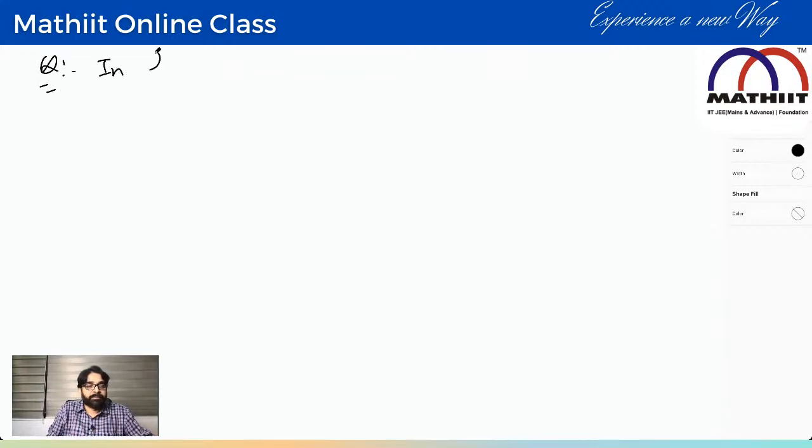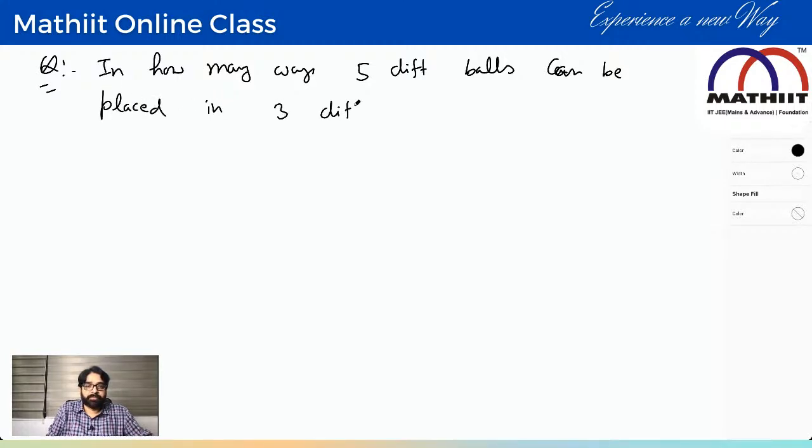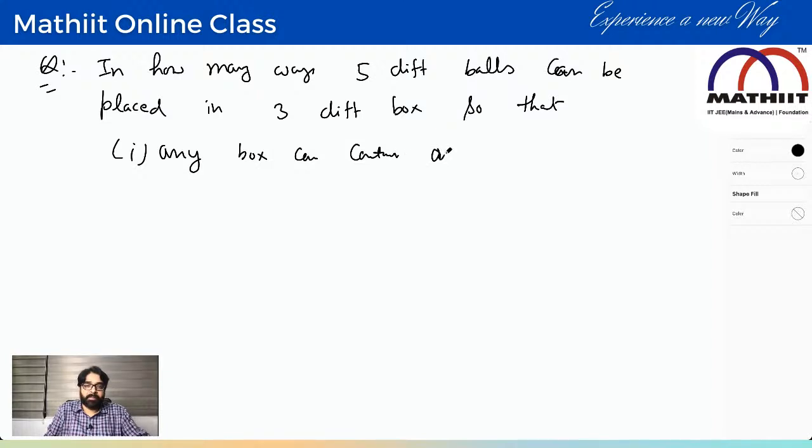In how many ways can 5 different balls be placed in 3 different boxes so that, first bit, any box can contain any number of balls.